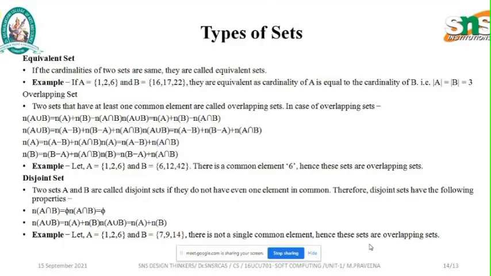They are equivalent as the cardinality of A is equal to the cardinality of B. So what does cardinality mean? The number of elements in the set. So both sets have the same number of elements, so it is called an equivalent set.